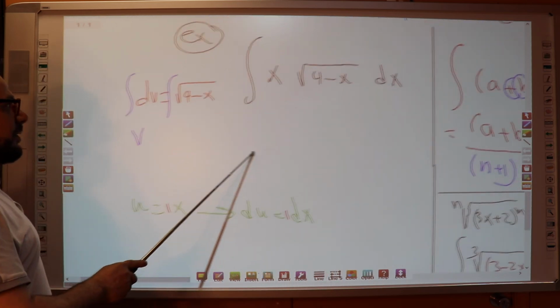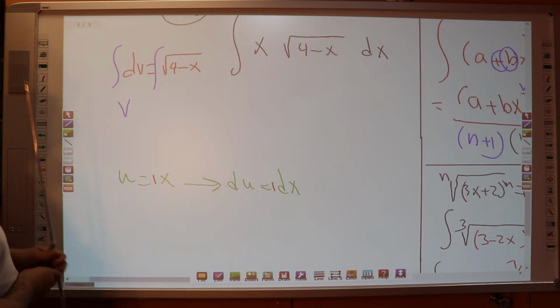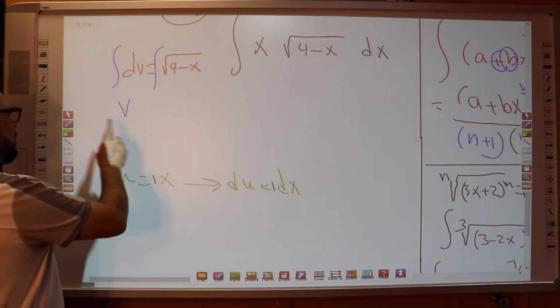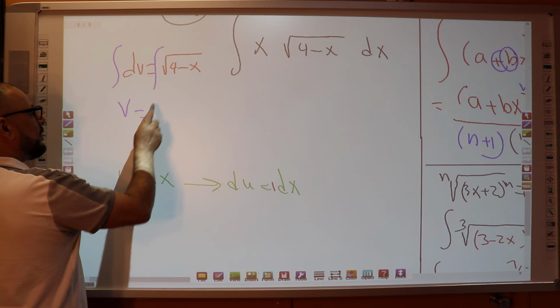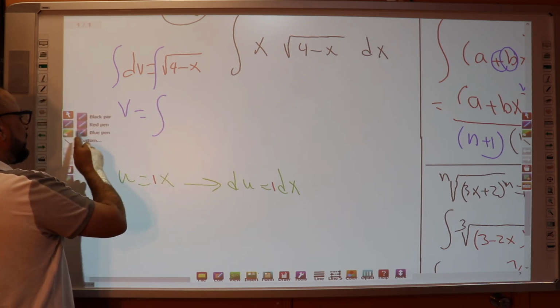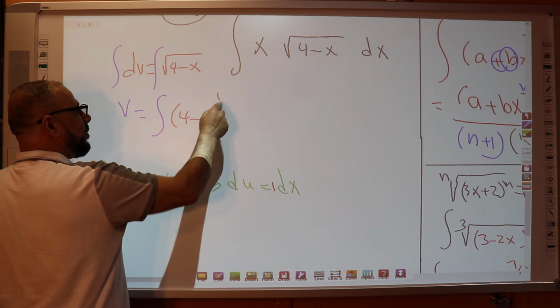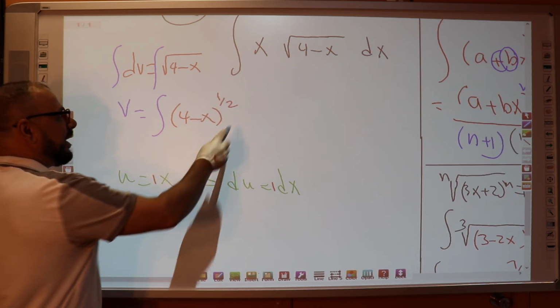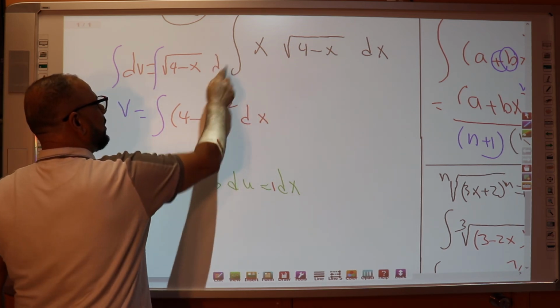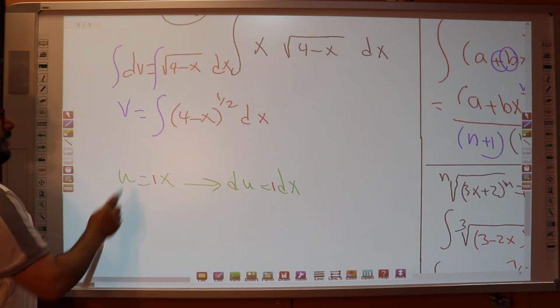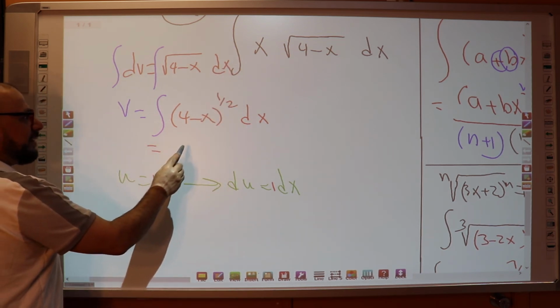Now here, integration of dv is v. Now, how can I do this integration? Can you follow me, please? Integration of 4 minus x to the power 1/2 dx.